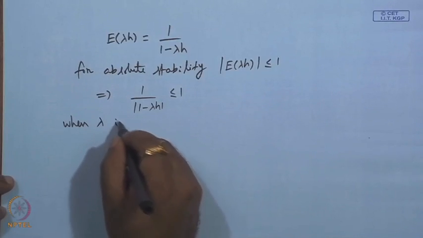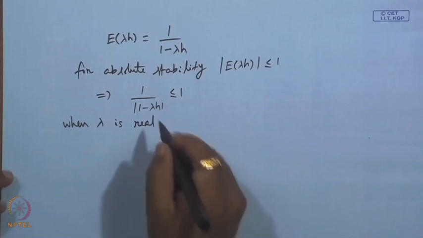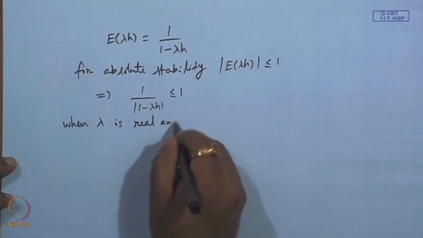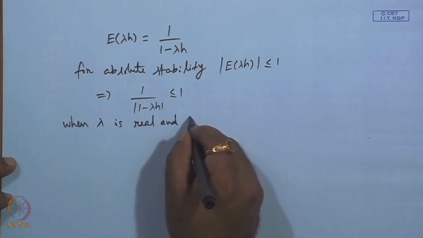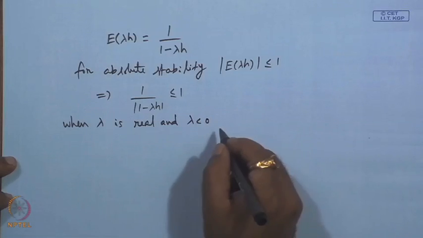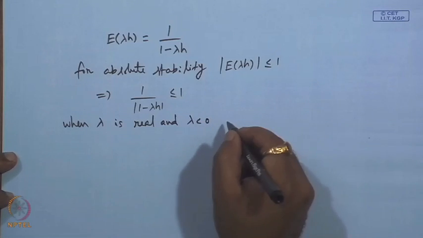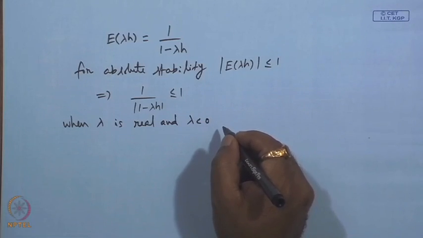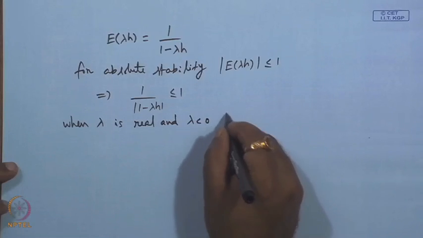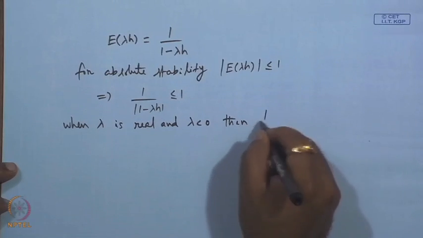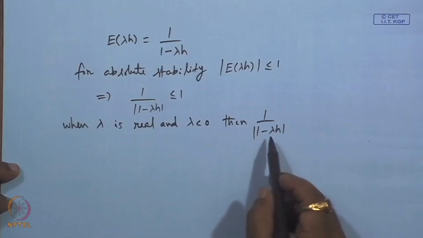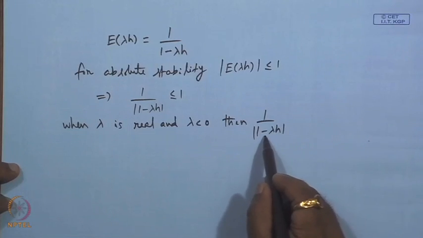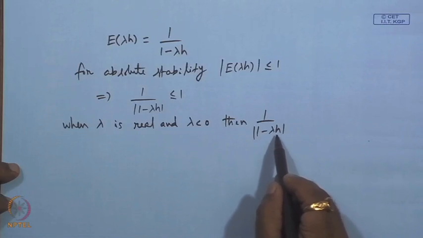When lambda is real and negative, okay, see, h is positive, if lambda is negative. So, this becomes 1 plus lambda h. Okay.